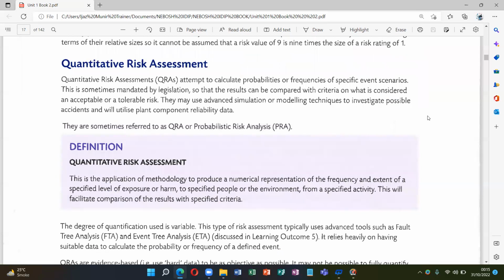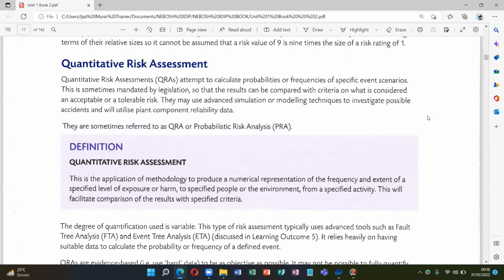Quantitative risk assessment. Quantitative risk assessments, QRA, attempt to calculate probabilities or frequencies of specific event scenarios. This is sometimes mandated by legislation so that the result can be compared with criteria on what is considered an acceptable or a tolerable risk.